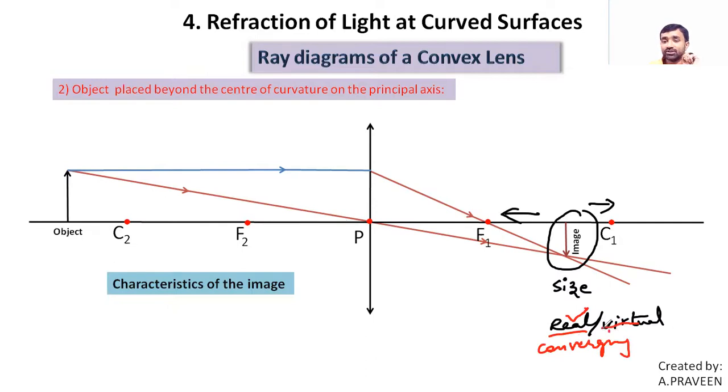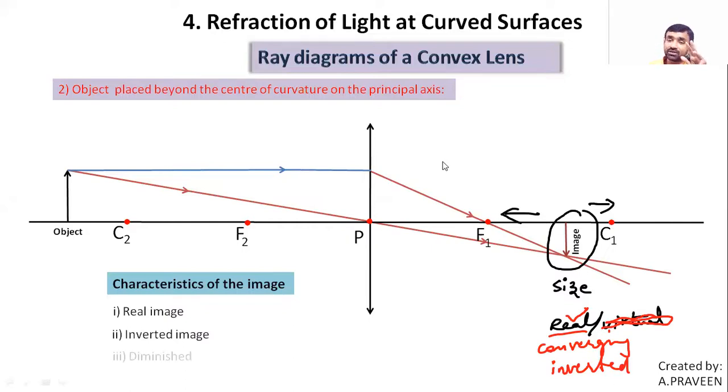The facing direction of the image is opposite to the object, called an inverted image. So I can write the characteristics as follows. The image is real and inverted. It is smaller than the object, called a diminished image, and it is between F1 and C1. Okay, then we'll go for the next position.